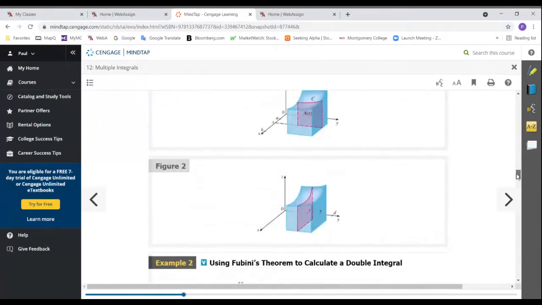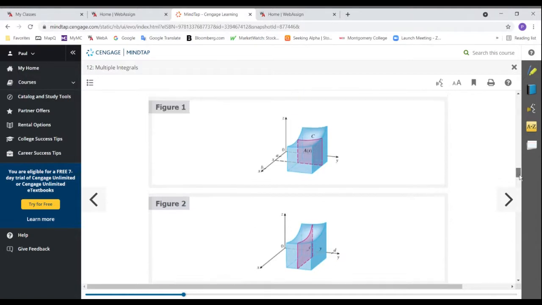And incidentally, you can also look at this where your cross-sectional area is a function of y. In figure 2, the cross-sectional area is a function of y, and you let the x vary then.